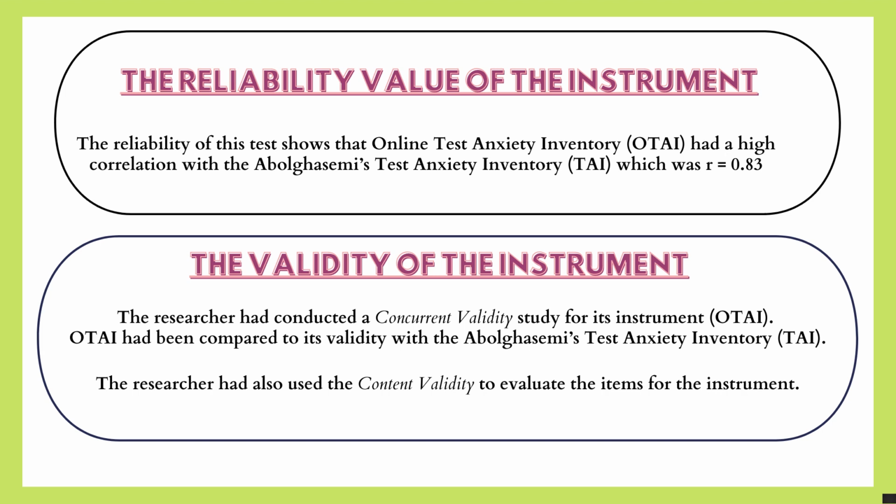The final version of the OTAI contained an 18-item scale compared to the first 38 items, with 3 components named online, psychological, and physiological, after the redundant and unnecessary items had been eliminated by the experts.